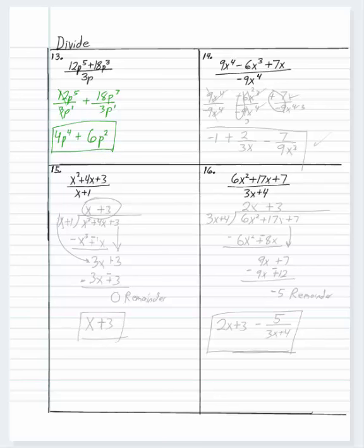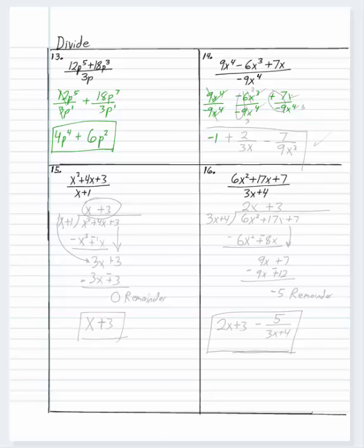Let's take that same approach to number 14. So we get 9x^4 over negative 9x^4, minus 6x^3 over negative 9x^4, plus 7x over negative 9x^4. With the first fraction, not only does 9 cross off, but x^4 also crosses off, so we're just going to leave that as negative 1.